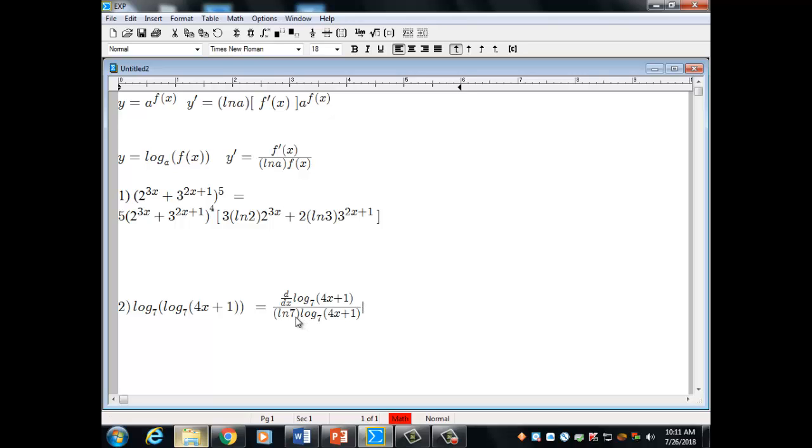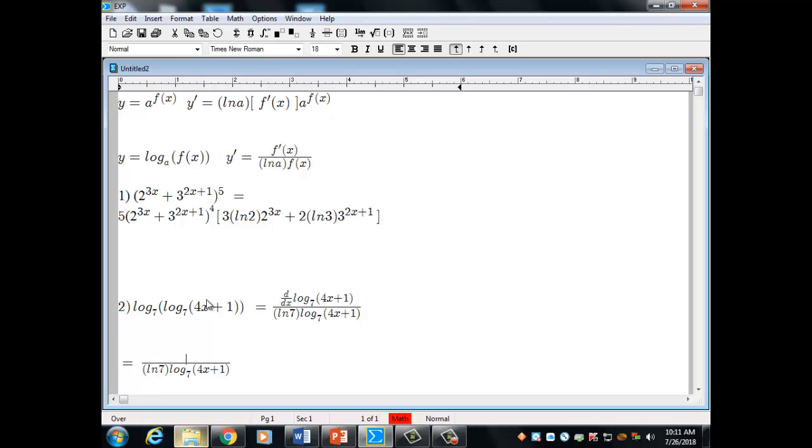So now what do I get? Well, I don't know that I have enough room to type it there. So I'm going to go ahead down here and type it here. So the derivative of this piece. So on the bottom we have this thing. Right?